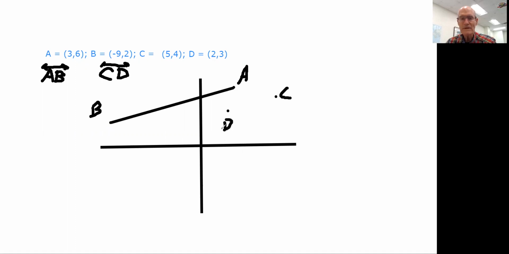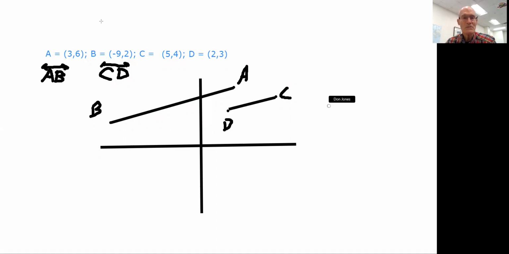Now, if you look at these two lines here, if I draw the line from here to here, it looks like they might be close to being parallel. So what we can do now is find our slopes.